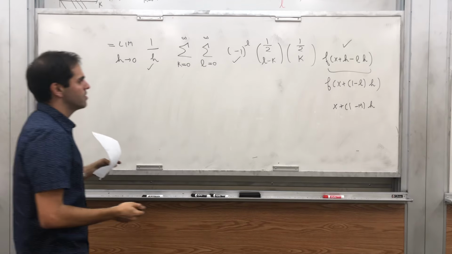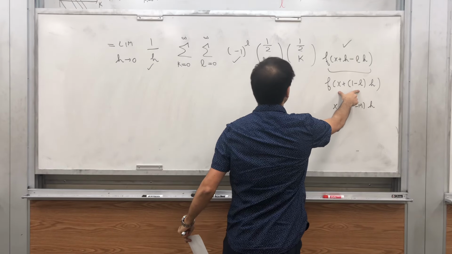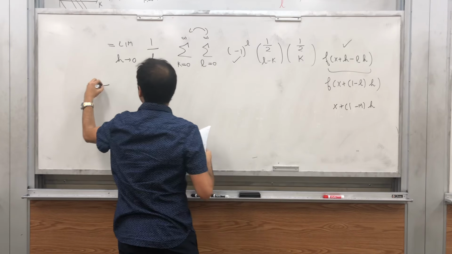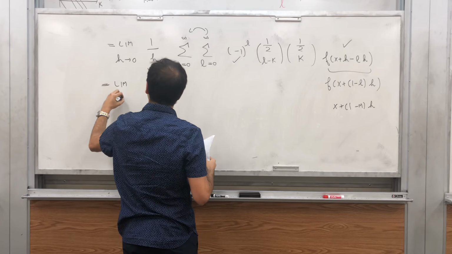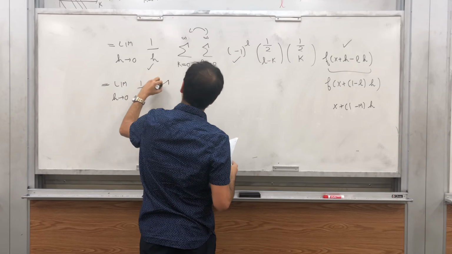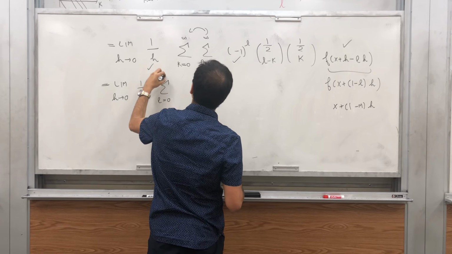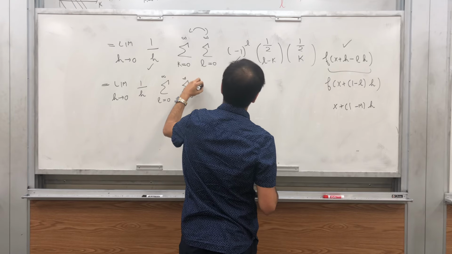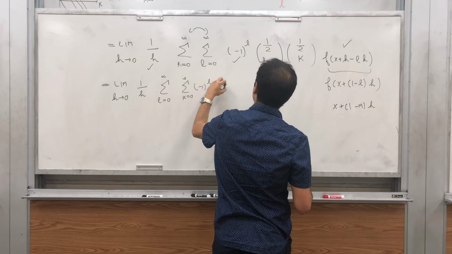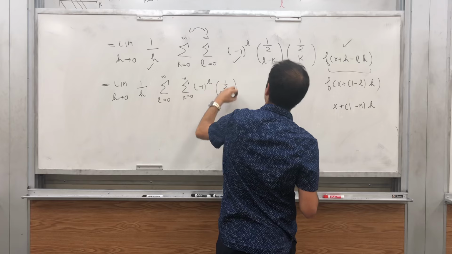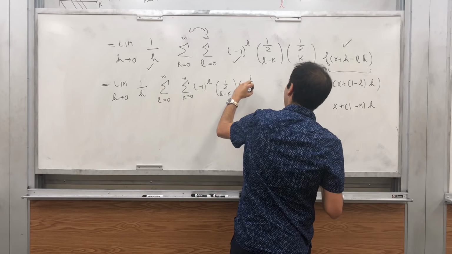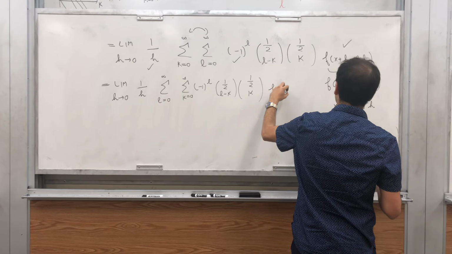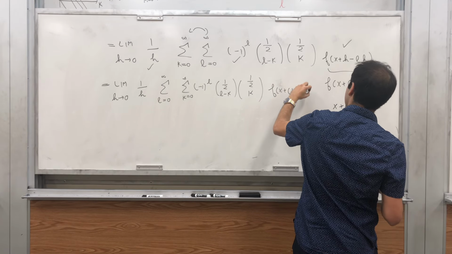Let's switch the double sums, because this only depends on L, and this also only depends on L. So we get the limit as h goes to 0 of 1 over h, sum L from 0 to infinity, and then sum k from 0 to infinity of this whole chunk, minus 1 to the L, 1/2 choose L minus k, 1/2 choose k, and then f of x plus 1 minus LH.